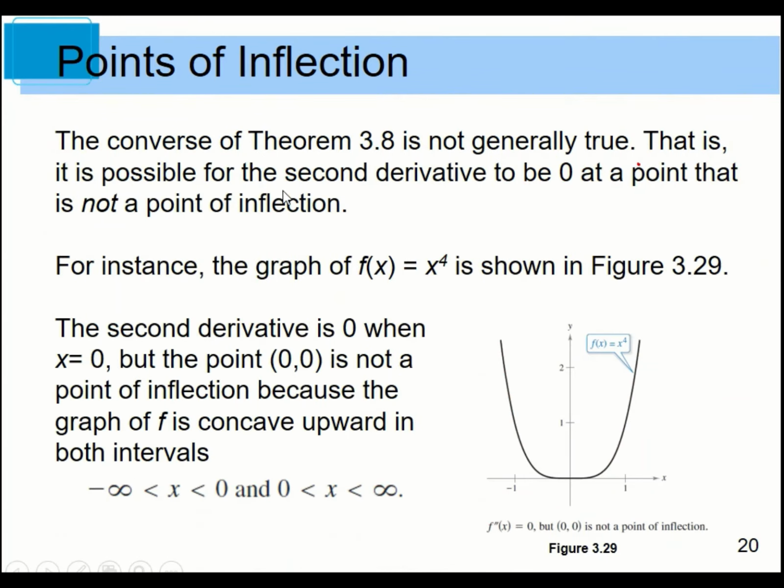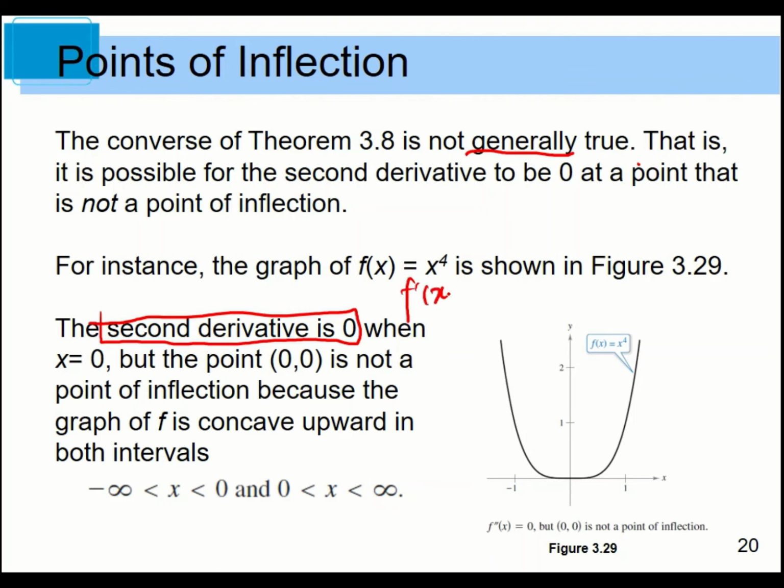Now, however, this theory is not generally true, so we have to use the graph to determine. For example, when we have the graph f(x) equals x to the power 4, if we find the second derivative, it is 0 when x equals 0.